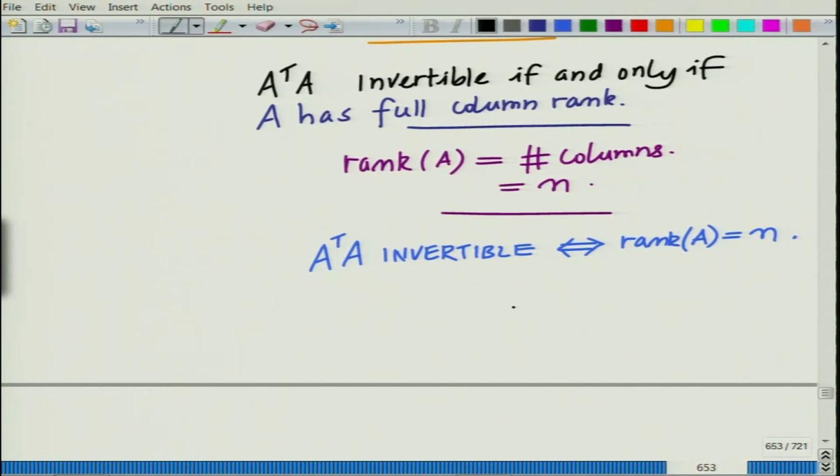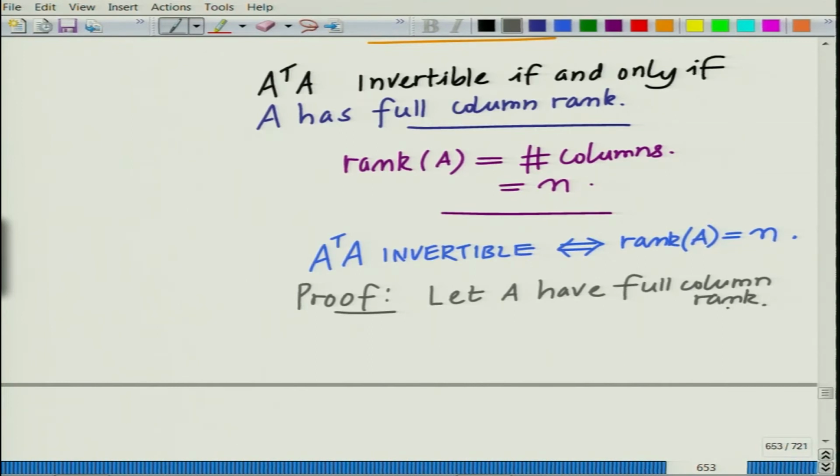Now let us demonstrate this, let us prove it. Let us look at a proof of this. Let us start with one way. Let A have full column rank.